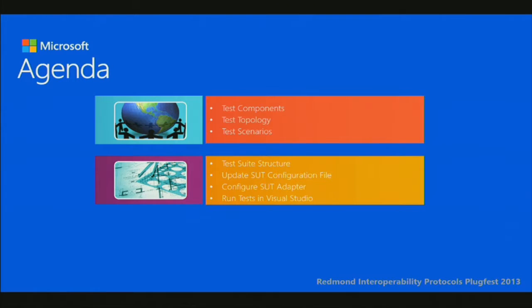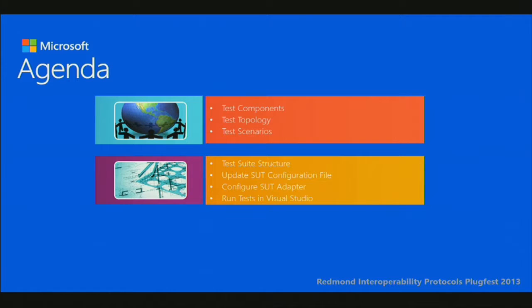First, I will introduce our test components, topology, and scenarios. Simon has introduced some components for the workgroup, just for SMB2 and 3 basic functionality, and I will introduce our cluster environment.